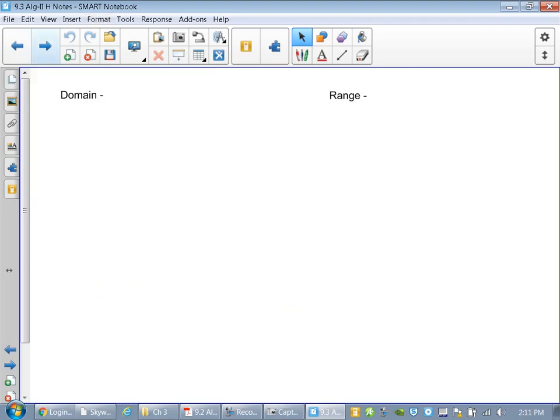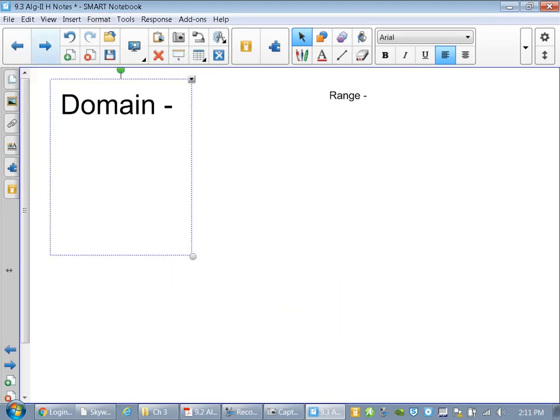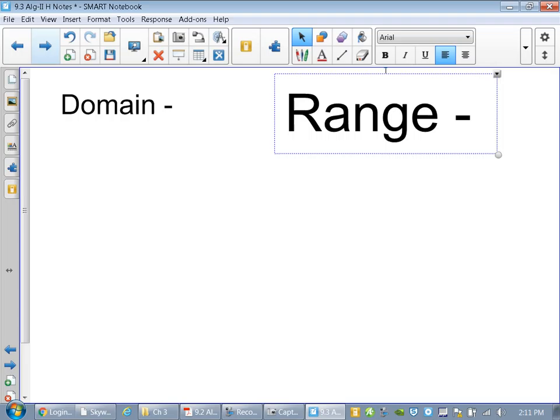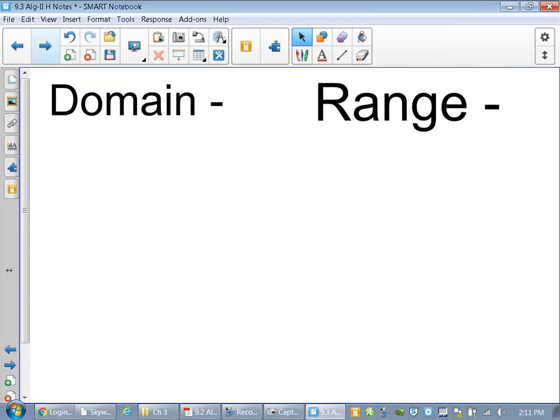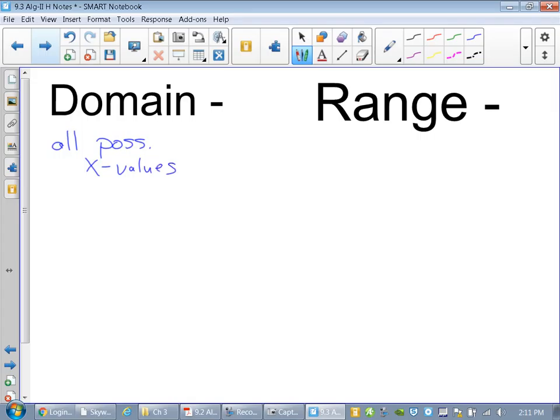What we're looking at here, while you guys are passing those out, just a refresher. Domain and range, when we're dealing with these things, I know a lot of times you guys tend to forget this stuff. Your domains are all possible x values. Your range are all possible y values.